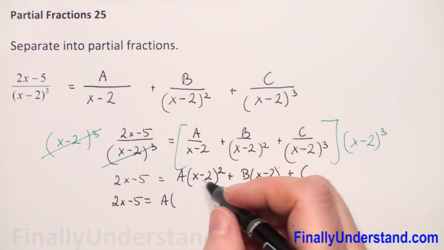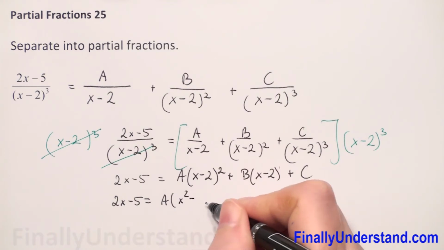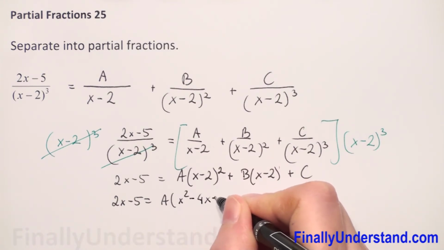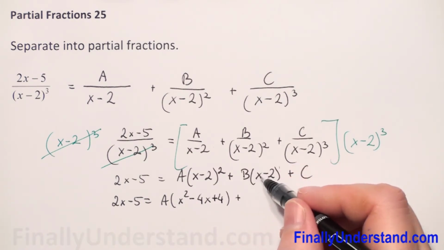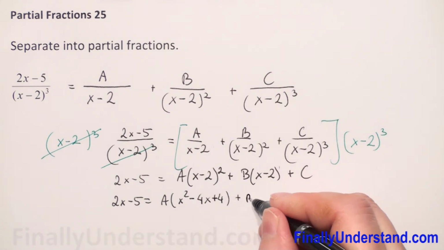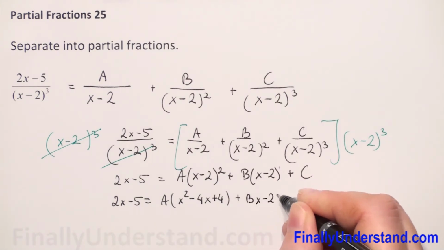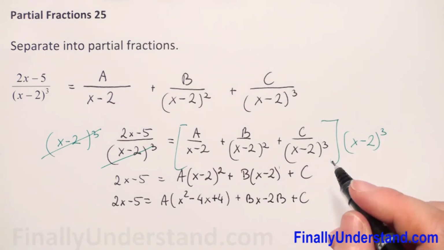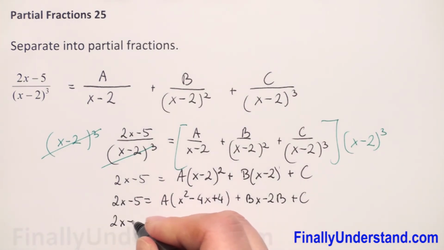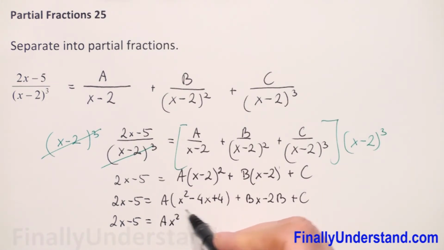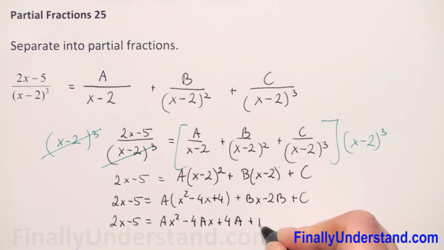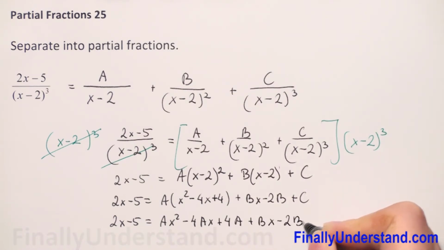So x minus 2 to the second power, this is x squared minus 4x plus 4 plus, and now we have to distribute B over the parentheses, so B times x is Bx, B times negative 2 is negative 2B, and we have to copy C. 2x minus 5, this is equal, A times x squared is Ax squared, A times negative 4x is negative 4Ax, A times 4 is 4A, and the rest we have to copy.